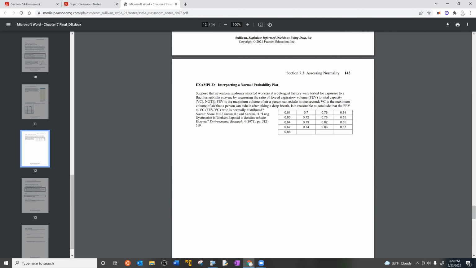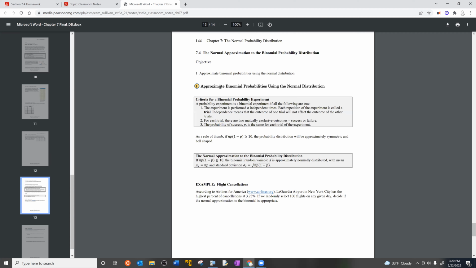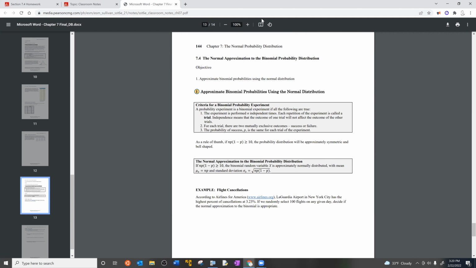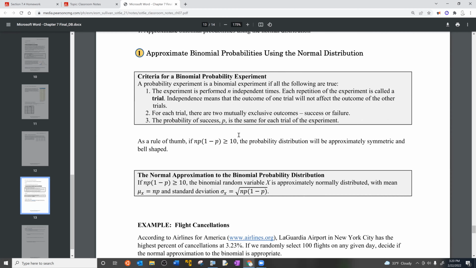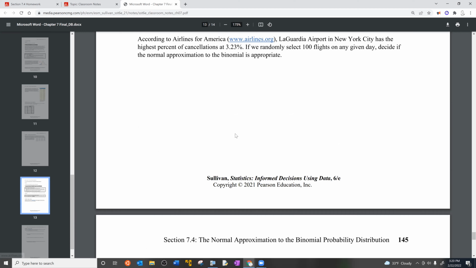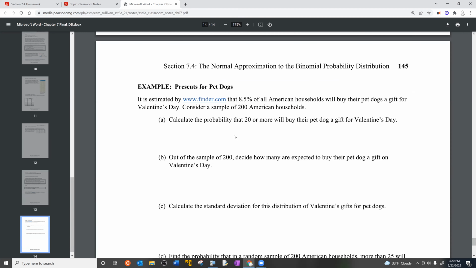So when we got to 7.4, there were some problems that had snippets of 7.3 in them. And that was just a lesson that we're not responsible for.